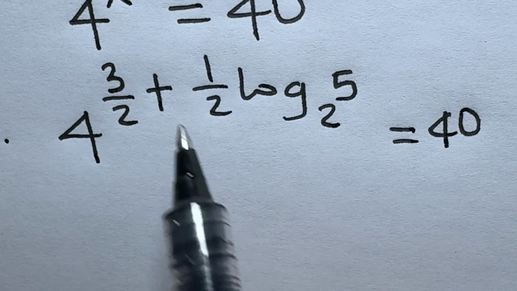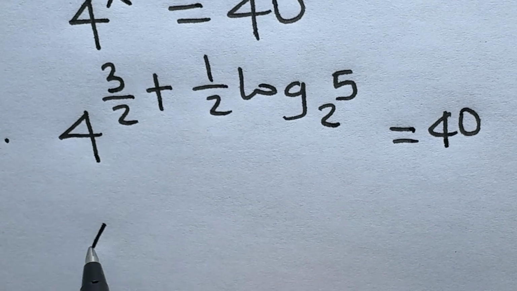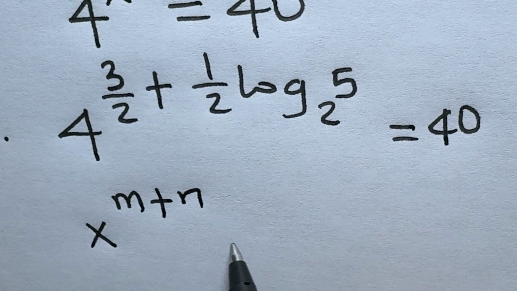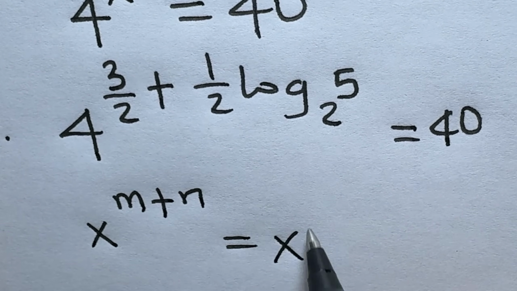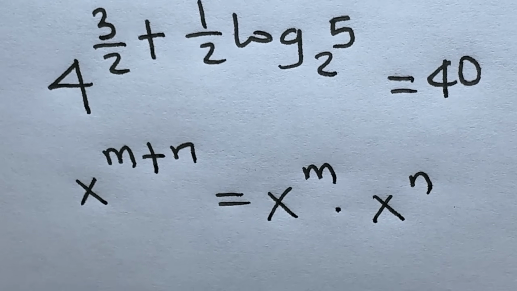To continue from here, I'll separate these powers and I'll use this law of indices. X raised to power m plus n should give us x raised to power m times x raised to power n.